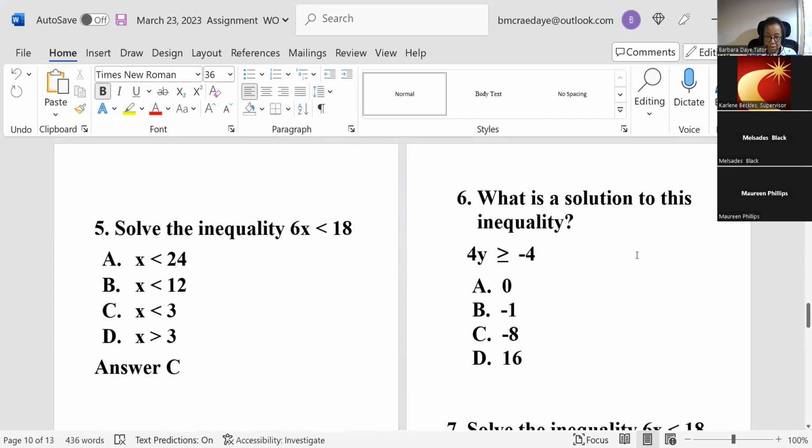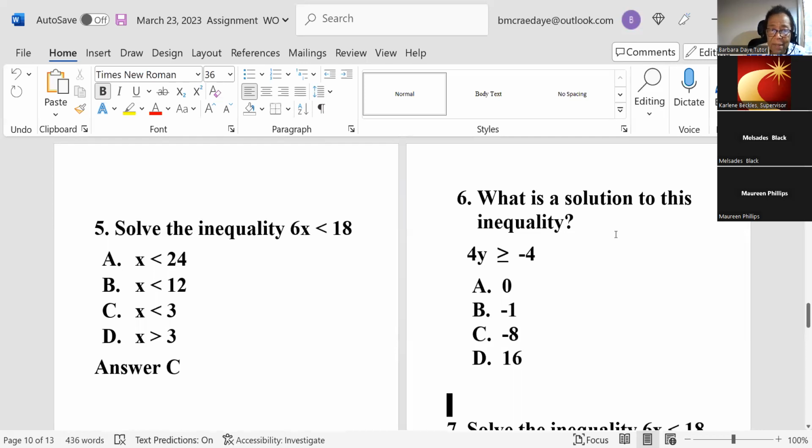What was your step here to just get y? I didn't do the steps, I just put an answer. I have to know your steps, Maureen. How do you solve this inequality for y?